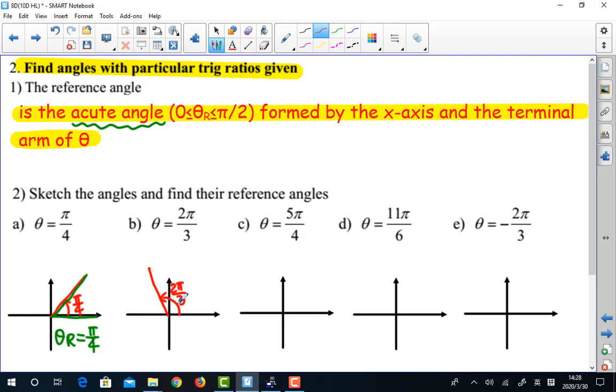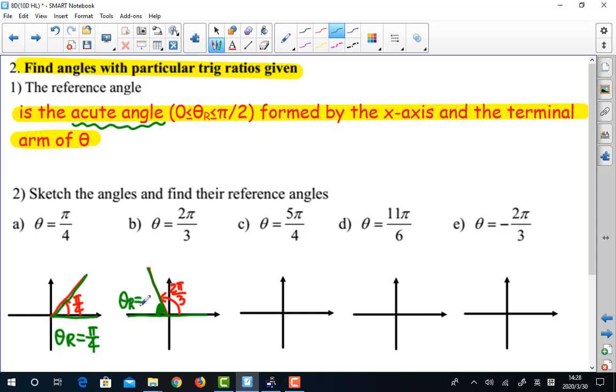Where is its reference angle? The acute angle formed by the x-axis and its terminal arm. There are two angles, but I can only find the acute angle. So the acute angle formed by the terminal arm and the x-axis is this one. This reference angle is based on the visualization. Hope that you know how to find this reference angle mathematically.